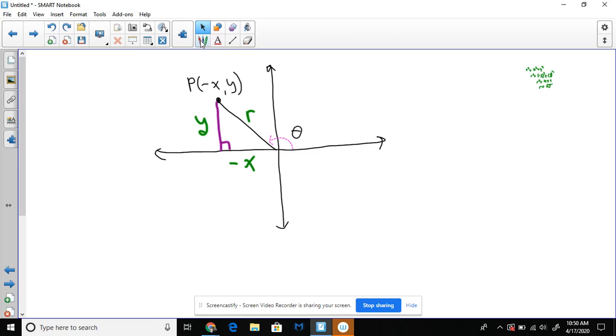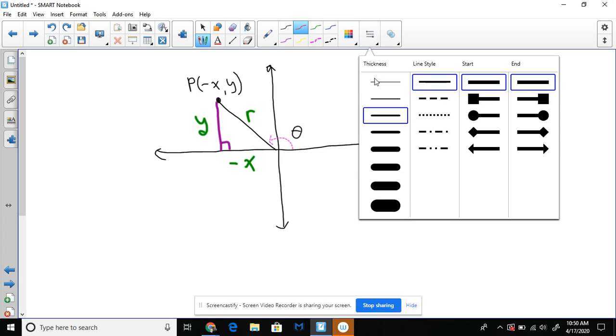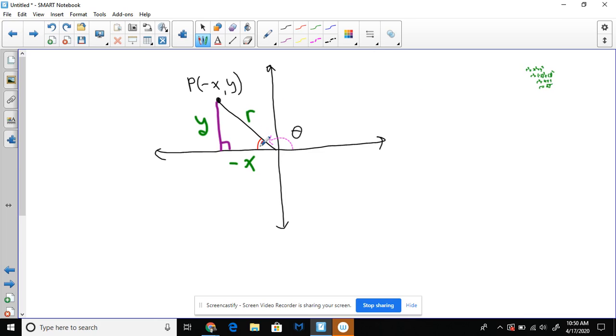So now, one other thing I guess we can talk about. Every angle swing that's over 90, like I have this value for beta. So beta is what we call the related acute angle.